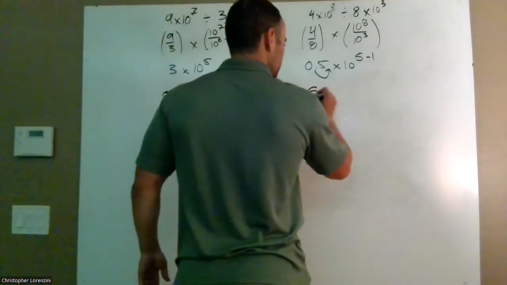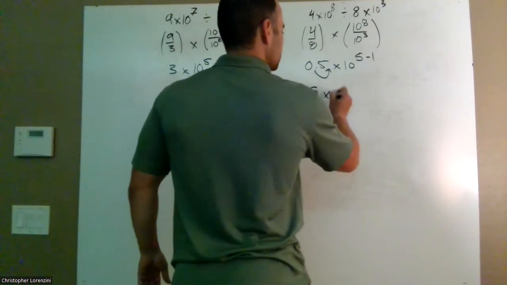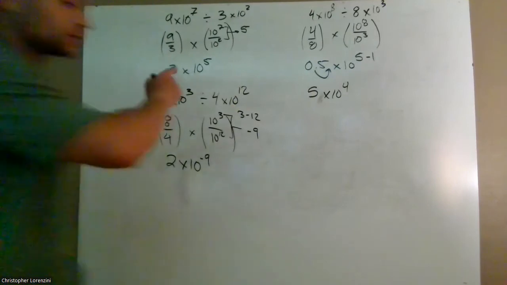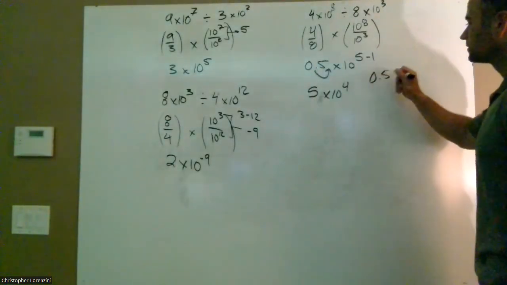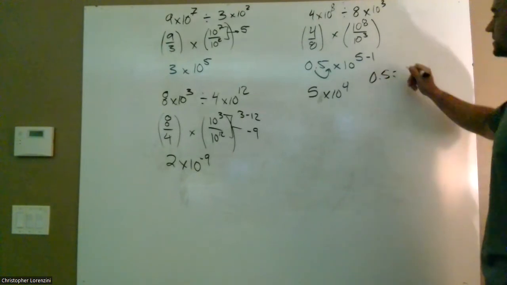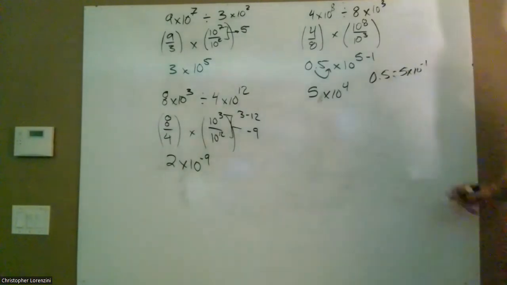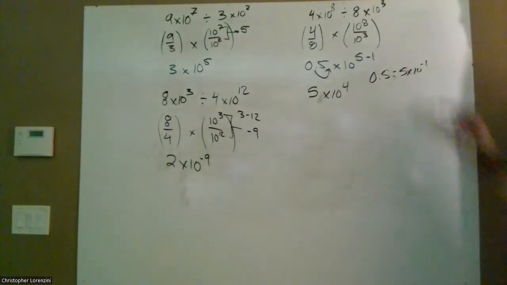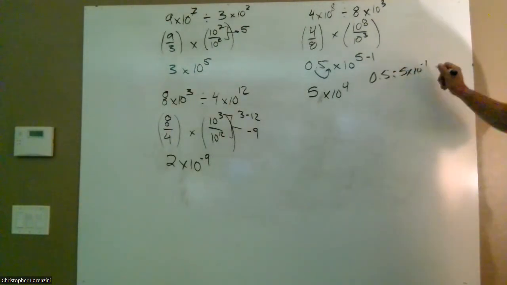So this number will become 5.0, maybe just 5, times 10 to the 4th power. So again, I'll show you that little thing, because we have 0.5. If I write this number in scientific notation, it becomes 5 times 10 to the -1 exponent. And then I get that multiplied by 10 to the 5th.